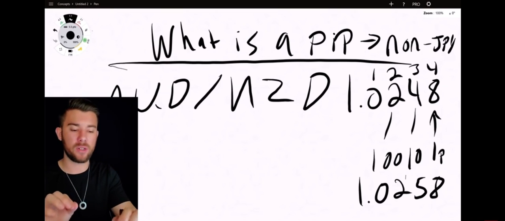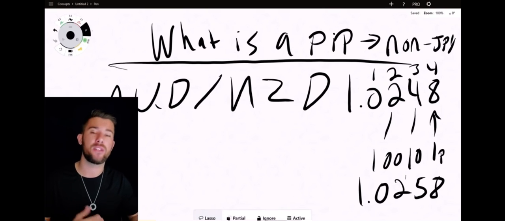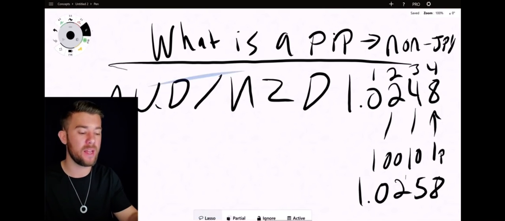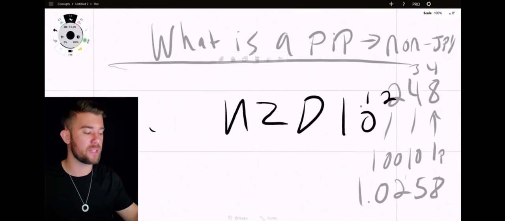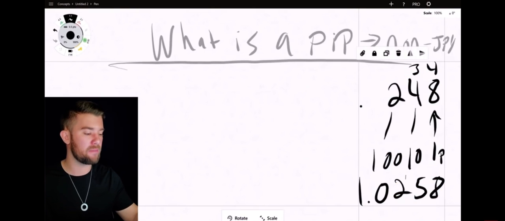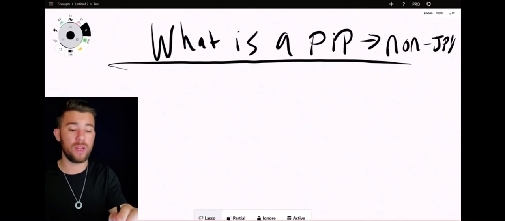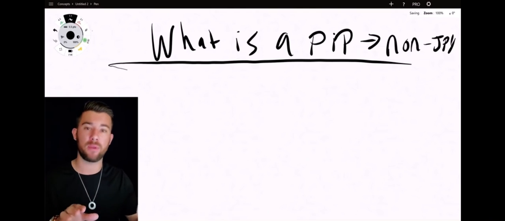Now, we've just talked about every non-yen pair. Any pair that does not have JPY will be calculated like this and will be valued like this with 4 decimal places. Now, what about yen pairs? Something very slight changes on any pair with the letters JPY attached to it. So let's do an example of that right now.